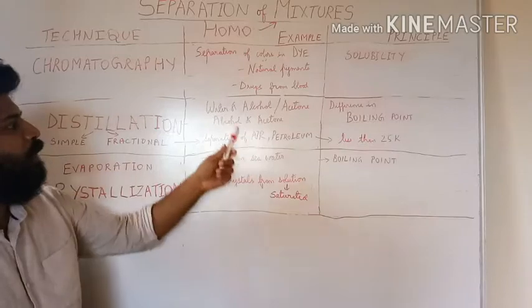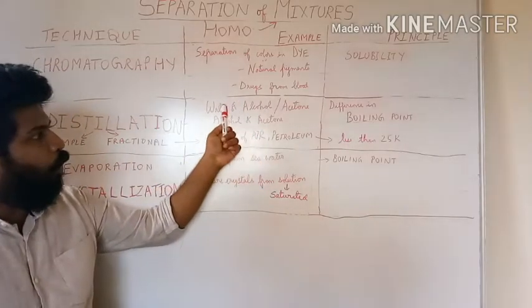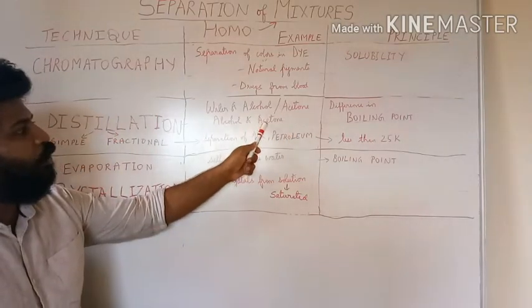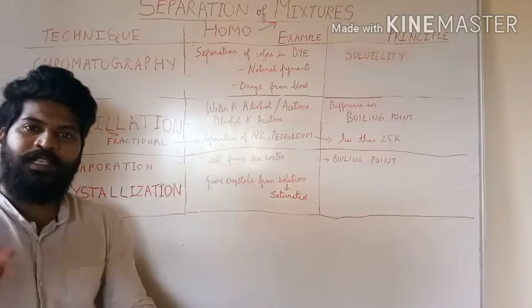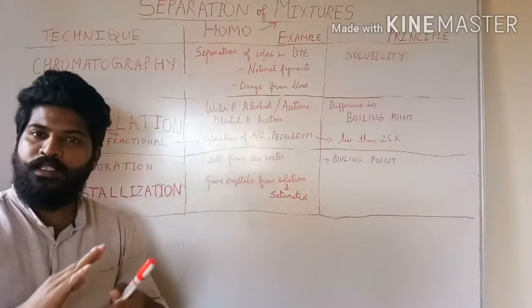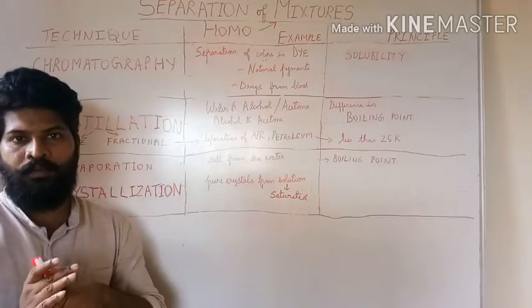For example, a mixture of water and alcohol, or water and acetone, or a mixture of acetone and alcohol. When we mix water with alcohol, it will completely dissolve. There is no distinction of layers. It is a homogeneous mixture.